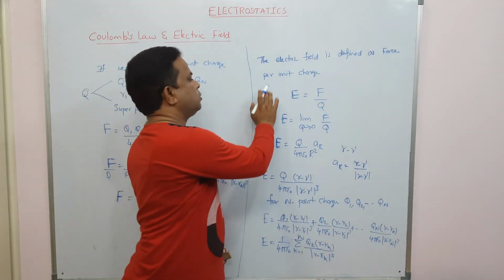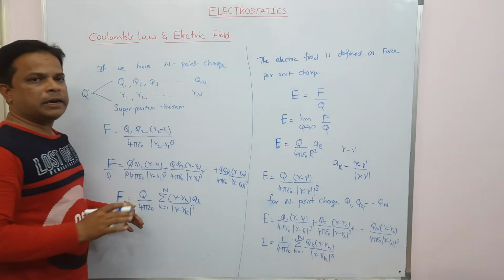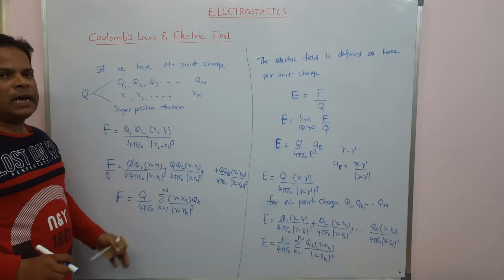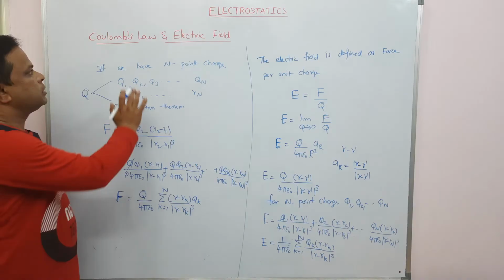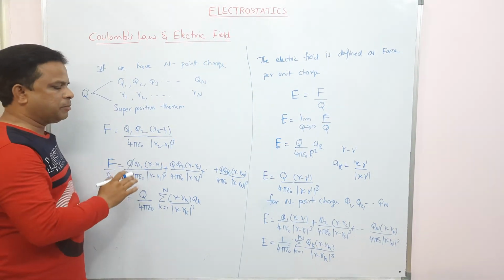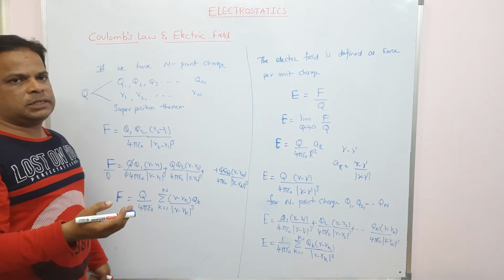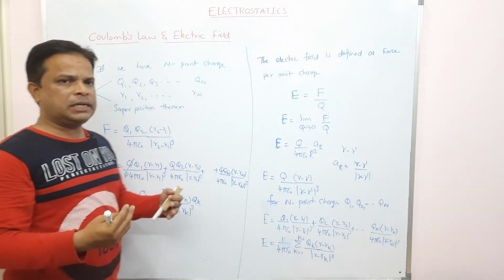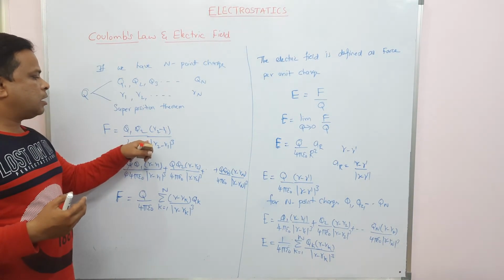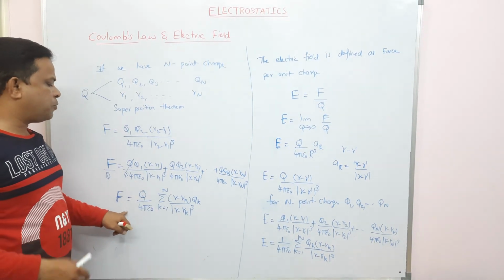Okay, so now we have got a clear idea about what Coulomb's law actually is and what the electric field actually is. After calculating the force of attraction between two point charges, we extended the force equation to n number of point charges.